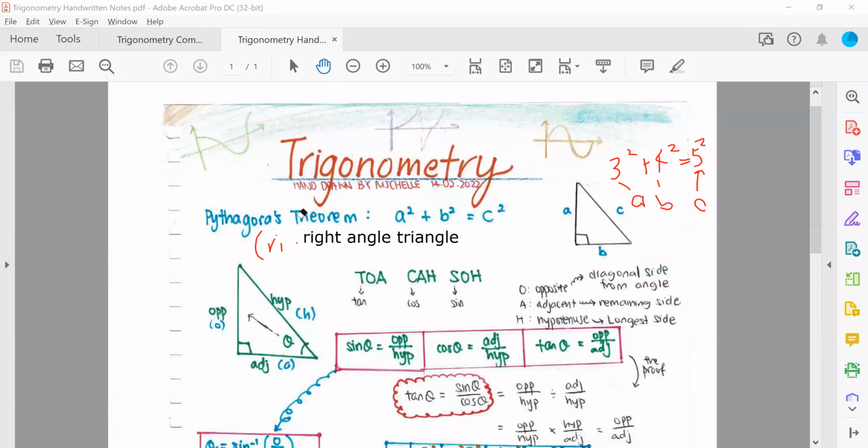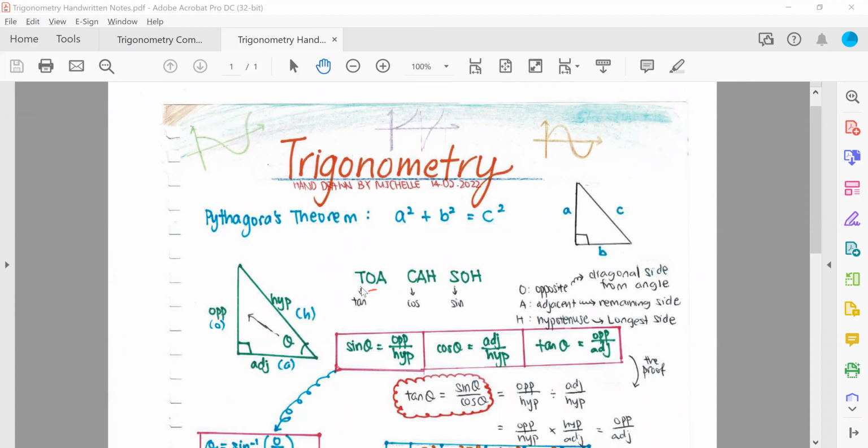Okay, and now we can move on to explaining what is TOA CAH SOH. For this, we can remember T stands for tangent, C stands for cosine, and S stands for sine.